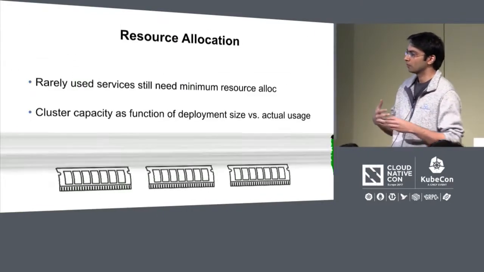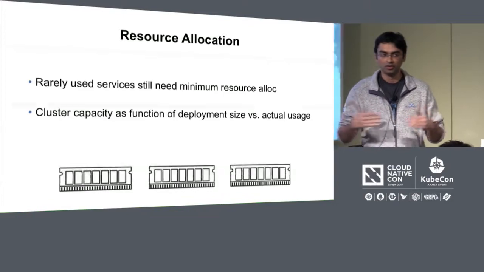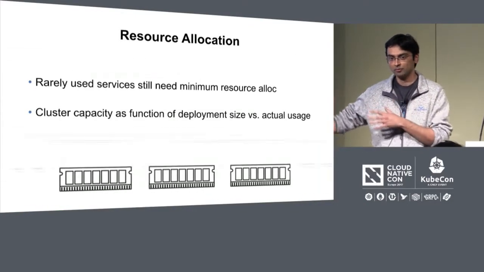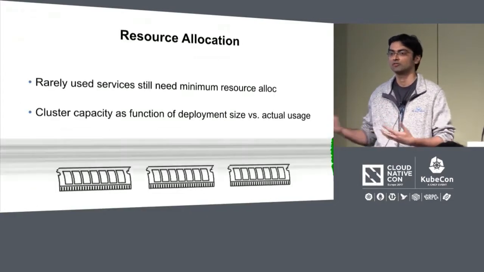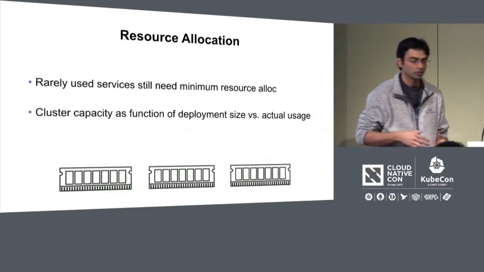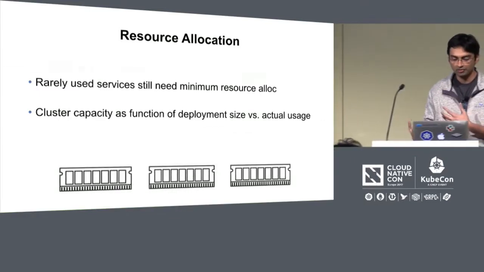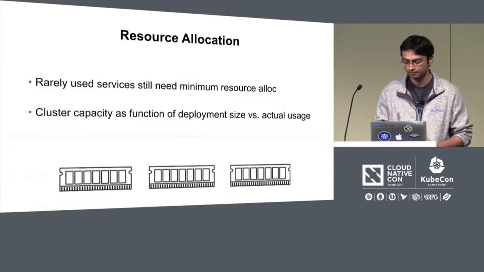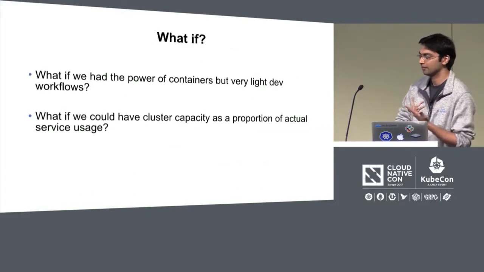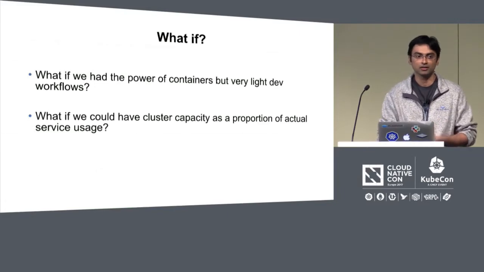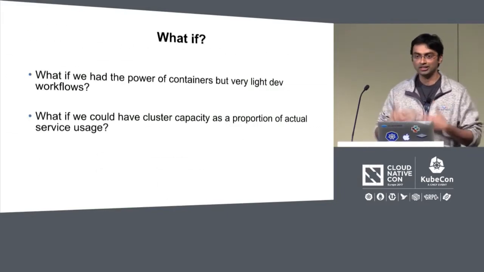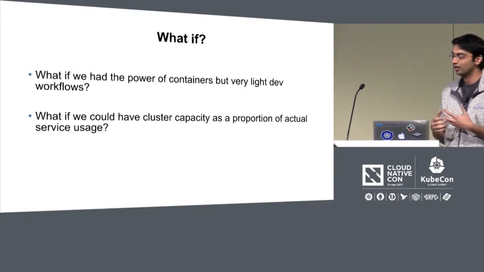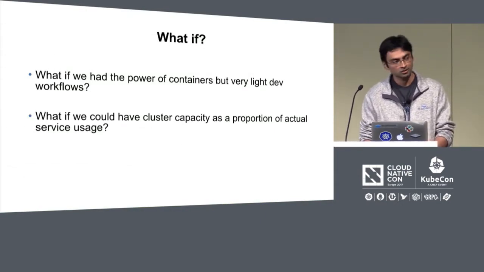So if you deploy a lot of these services, you have to account for your cluster capacity as a function of how many things you deploy rather than how much your services are used. Can we have cluster capacity as a function of usage rather than deployment size? So, two questions. Can we have lighter weight development processes around a really operationally simple thing like containers? And can we have cluster capacity as a function of actual service usage?